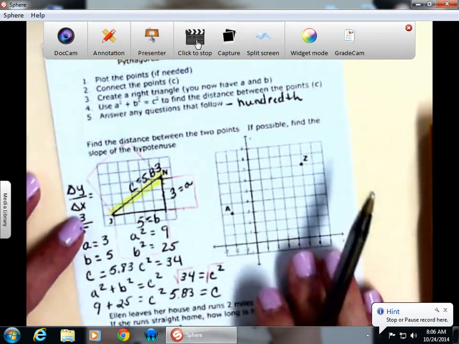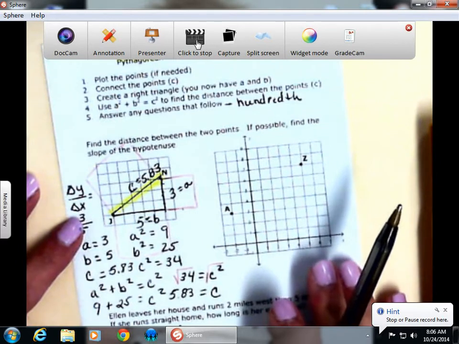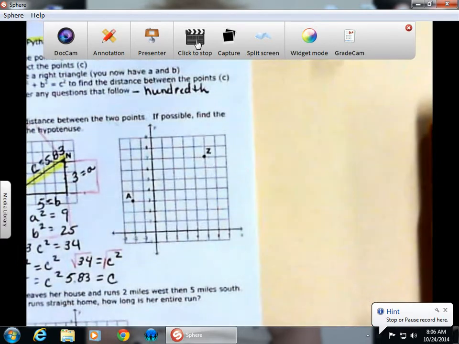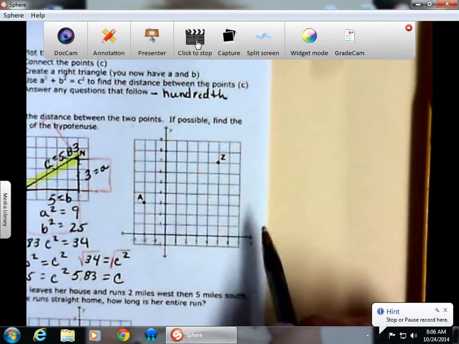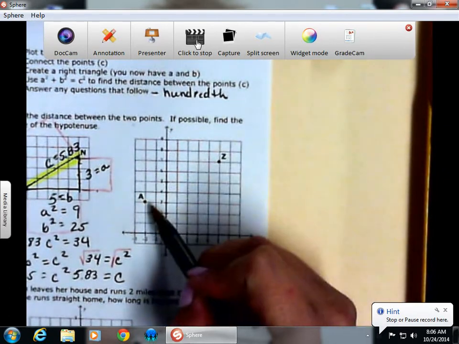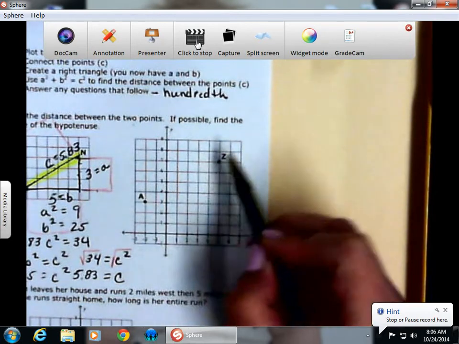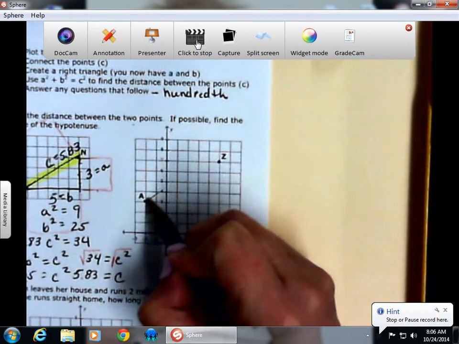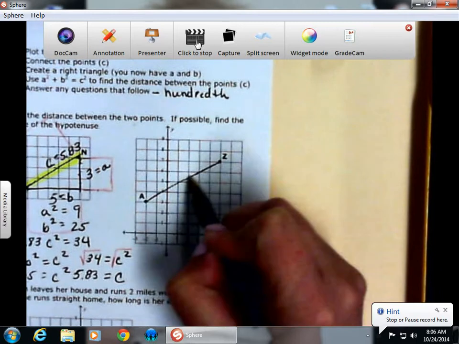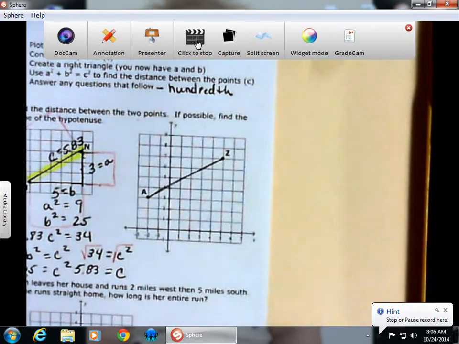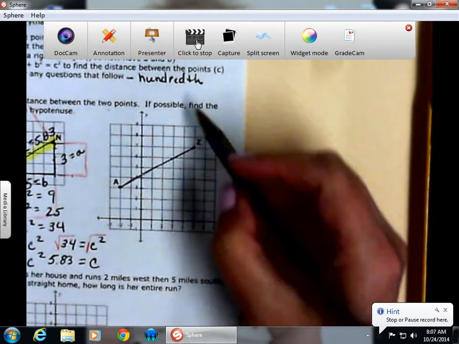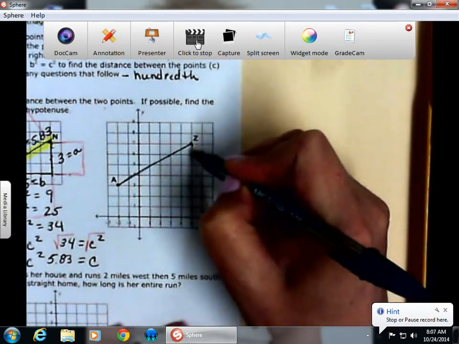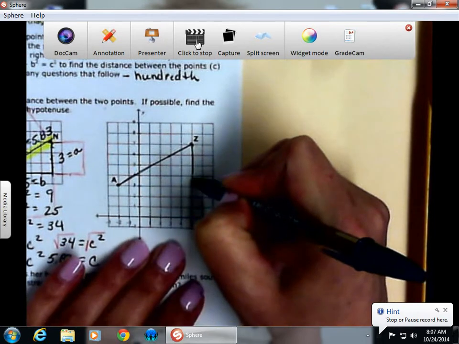All right, let's look at the next one. We've got it in between A and Z. So we're going to draw a nice line. And now we're going to make a triangle out of that. I'm going to drop that Z line down and bring that A line over.